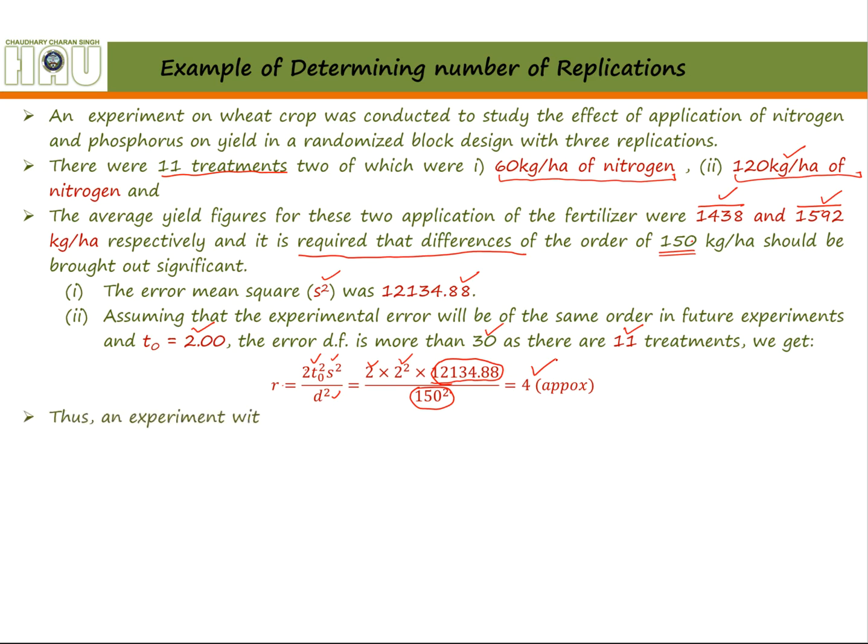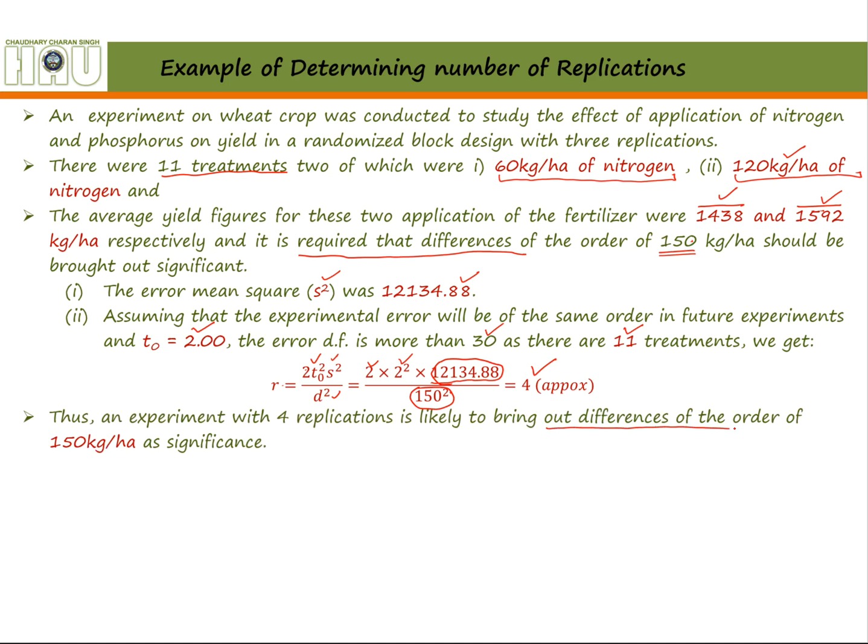Thus, an experiment with 4 replications is likely to bring out differences of the order of 150 kg per hectare as significant. This is the way by which you can decide the number of replications.